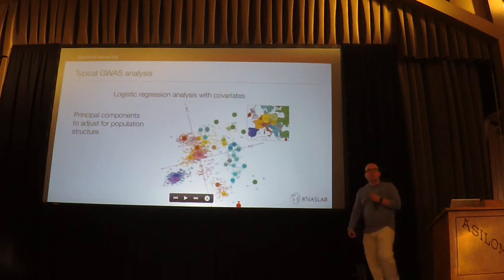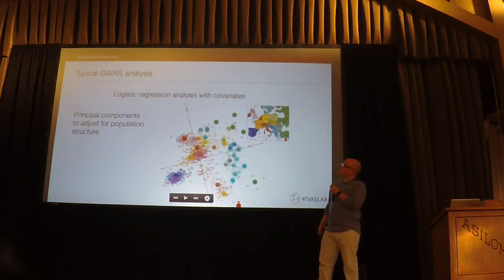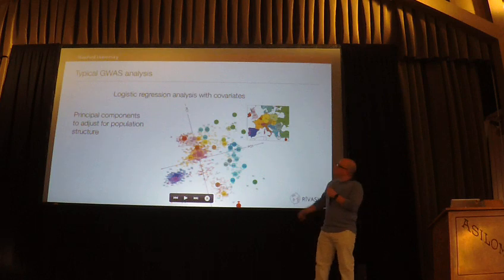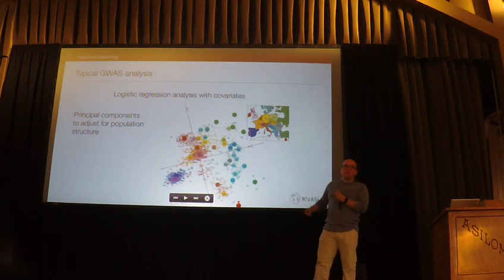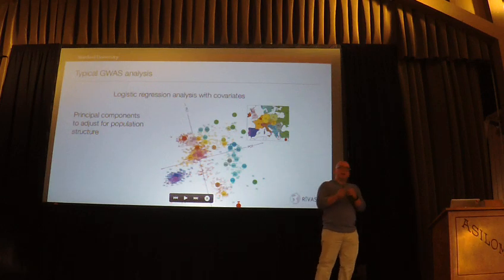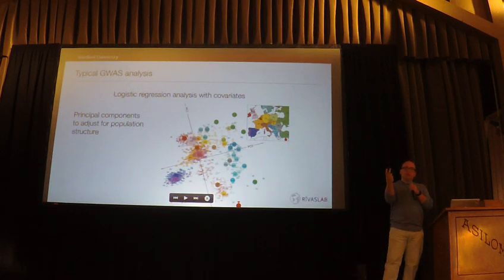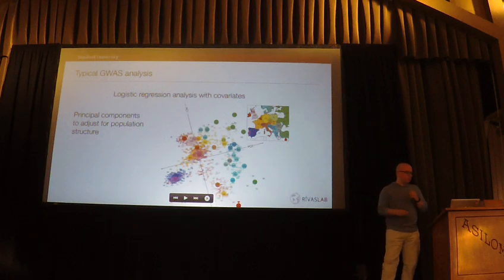In a typical genome-wide association study analysis, you apply logistic regression to this data. You adjust for covariates that typically represent some form of membership across multiple populations. So you take the genetic data, apply PCA, and take those principal components as covariates when you're trying to assess evidence of association.